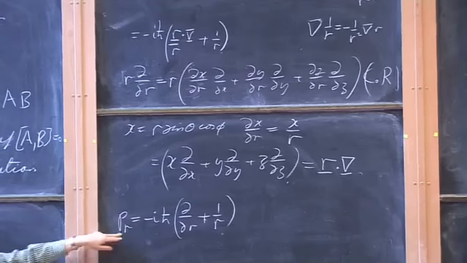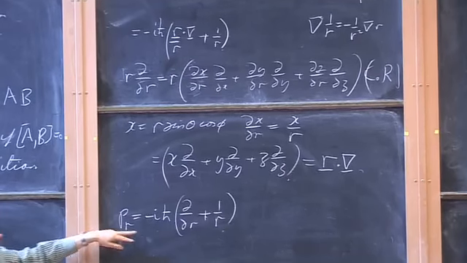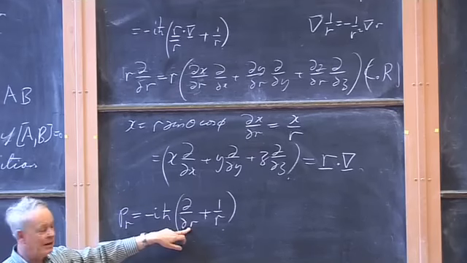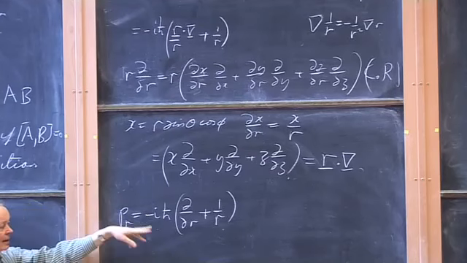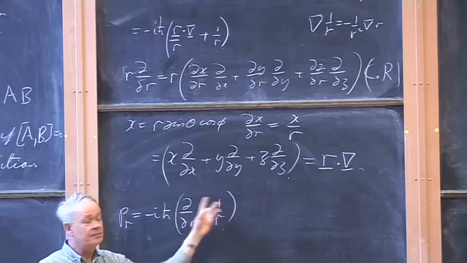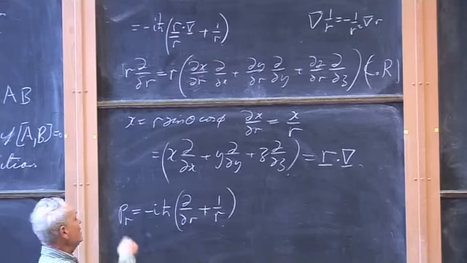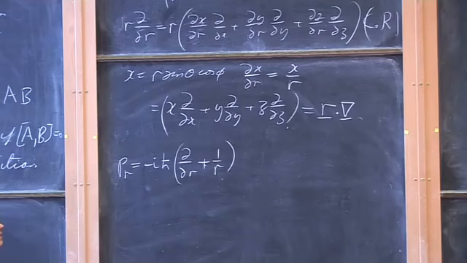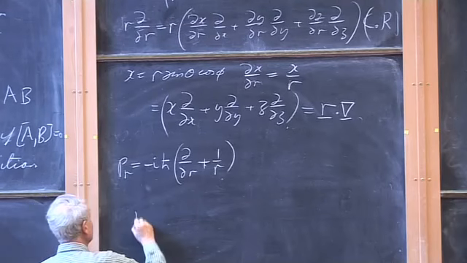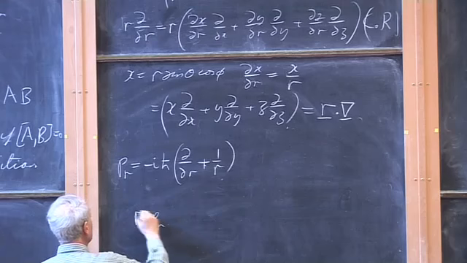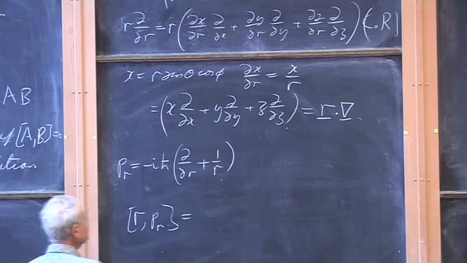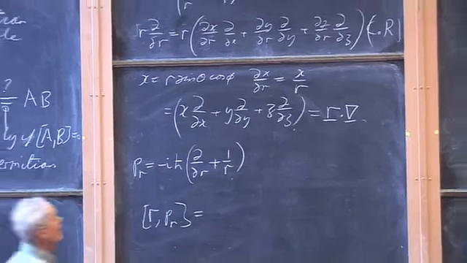The momentum associated with the radius is not simply d by d radius, like the momentum associated with x is d by dx. There's also this additional term in here. But just to convince you this really is the momentum associated with radius, let's, for fun, calculate the commutator of r and P_r. So what is that?